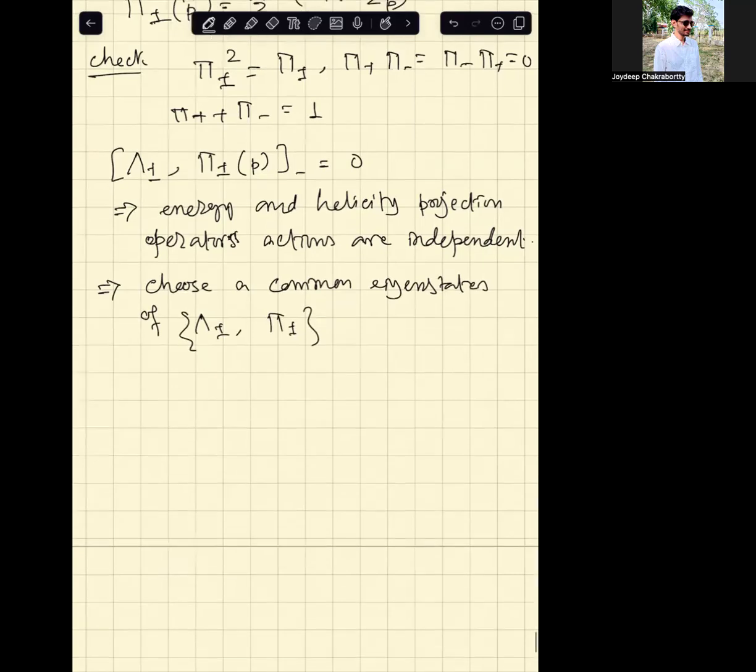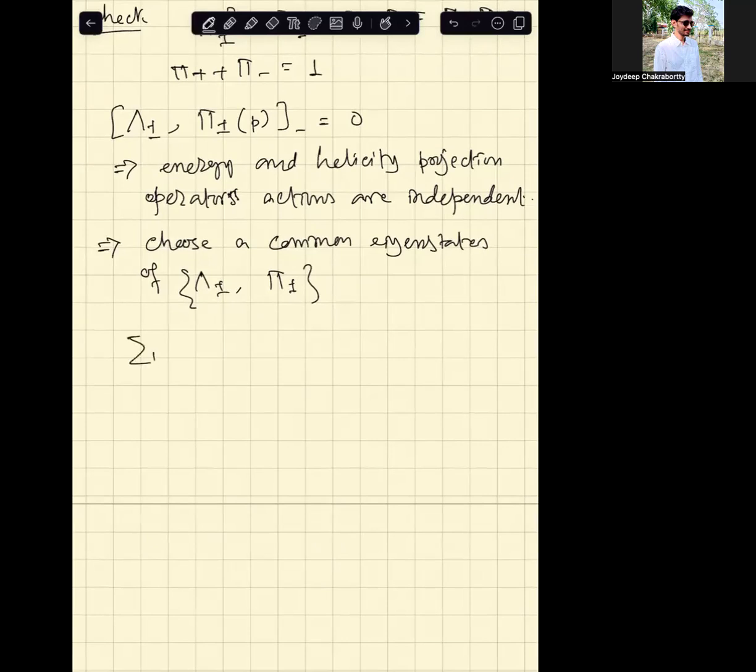So then we can define sigma dot p acting on u(s,p) as s, the helicity, times u(s,p), and sigma dot p acting on v(s,p) as minus s times v(s,p), where s equal to plus minus 1.